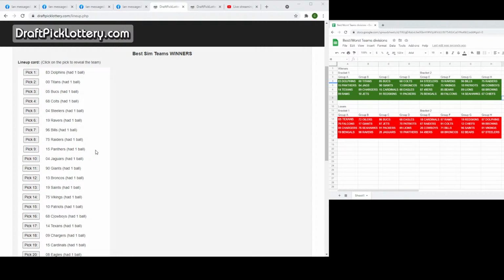For the losers, the bracket really doesn't matter. It's the worst person in the division. And then you go into a 14-team round robin, one home, one away, and your absolute losers, your absolute worst record will, in that round robin, be the worst loser of all time.